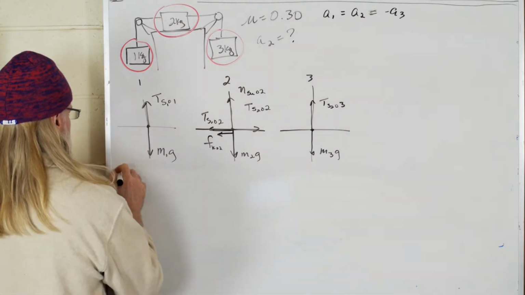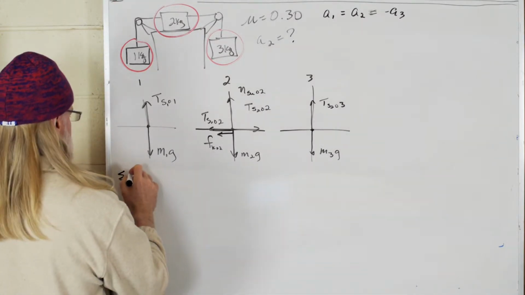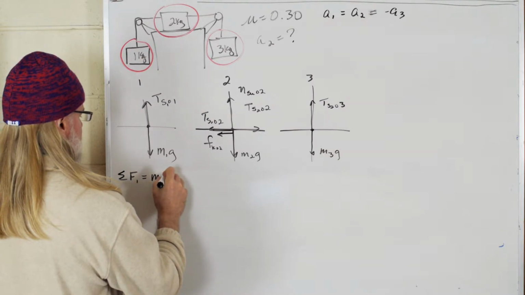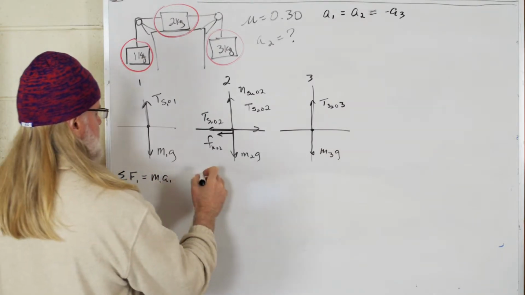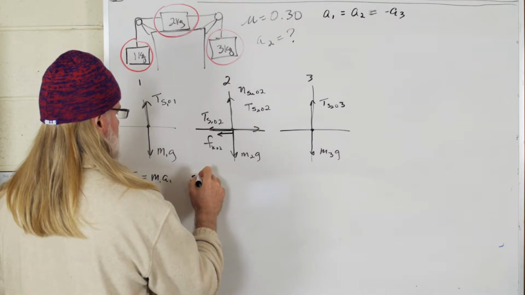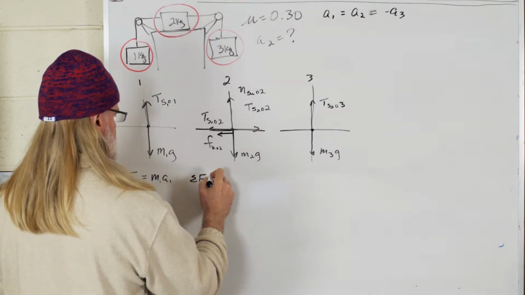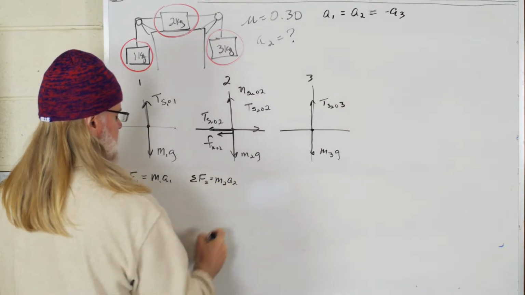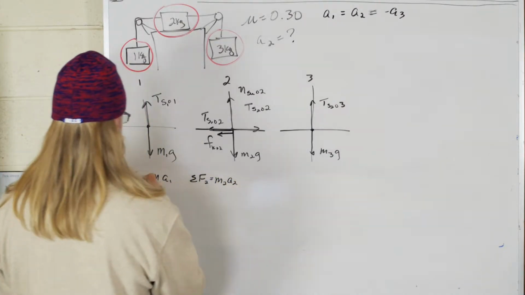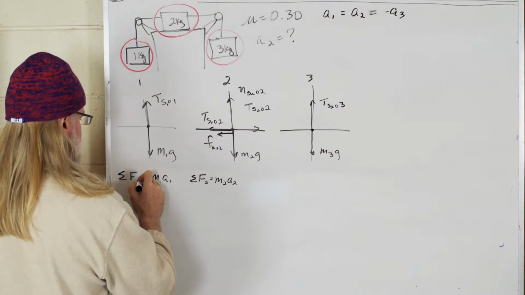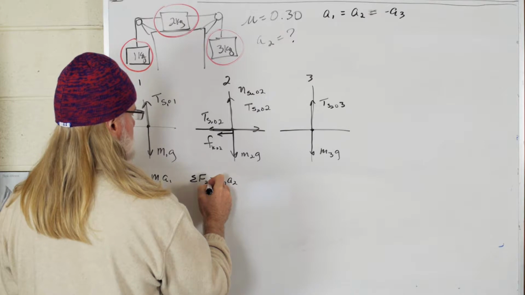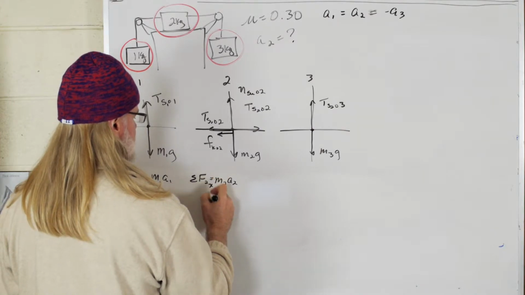We'll see what happens. The sum of the forces on the 1 kilogram block equals mass 1, acceleration 1. Sum of the forces on the 2 kilogram block equals mass of the 2 kilogram block times the acceleration of the 2 kilogram block. This is in the x direction, or I mean, sorry, this is in the y direction. This is in the x direction.